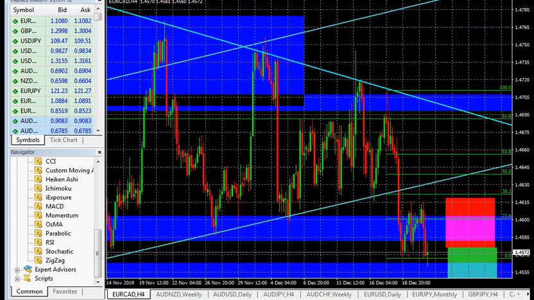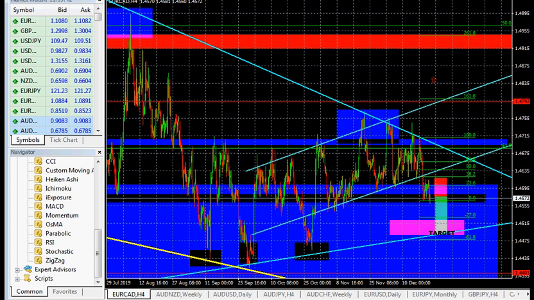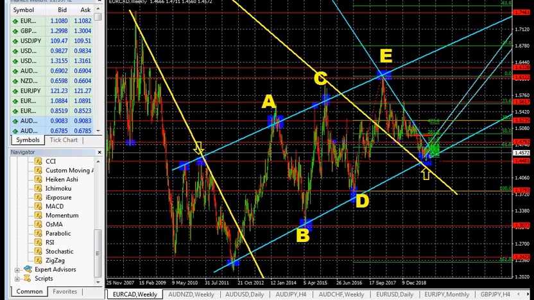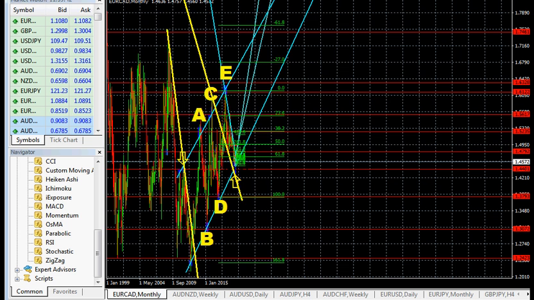I don't trade below the 4 hours because I believe that the 4 hours downward, the 1 hour downward, is market noise. So I believe in trading from the weekly time frame and also from the monthly time frame.